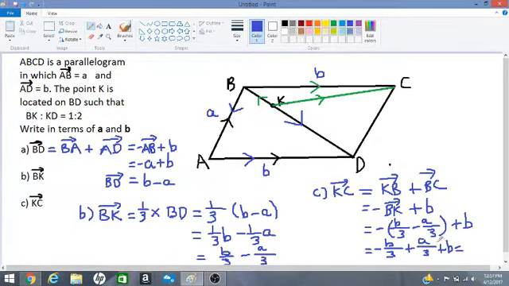Final answer, a over 3, and we have 1 subtract 1/3, which is 2/3. So plus 2b all over 3. Okay, that is our answer for KC.